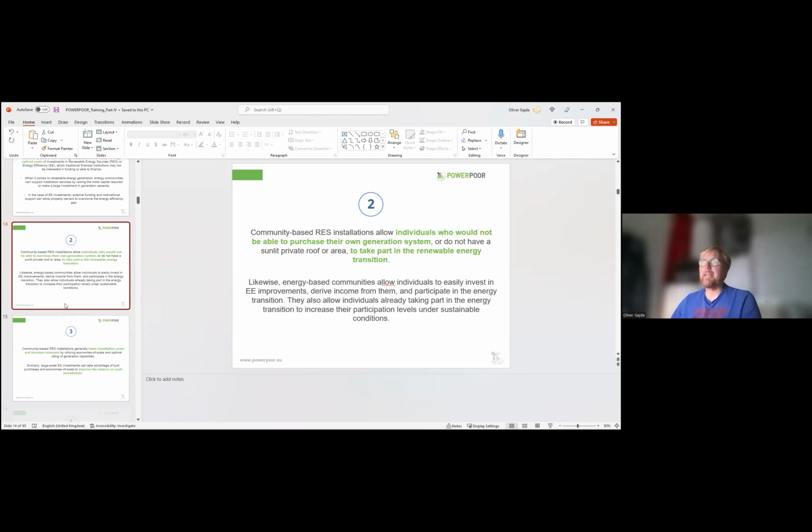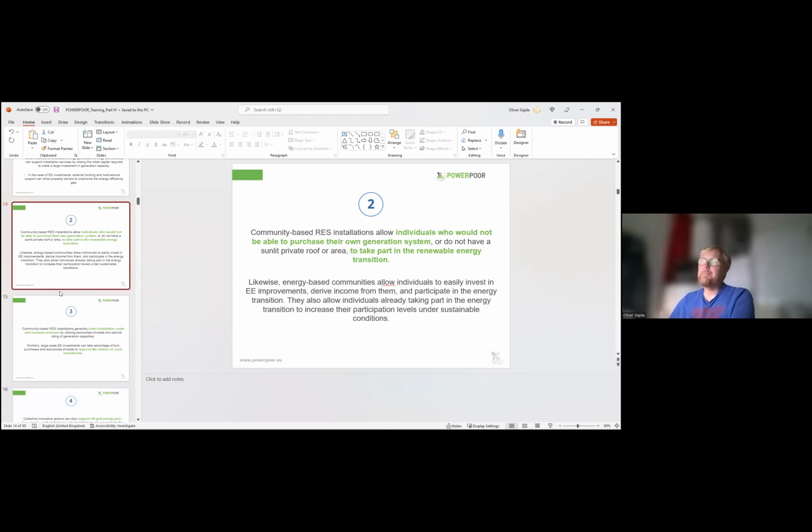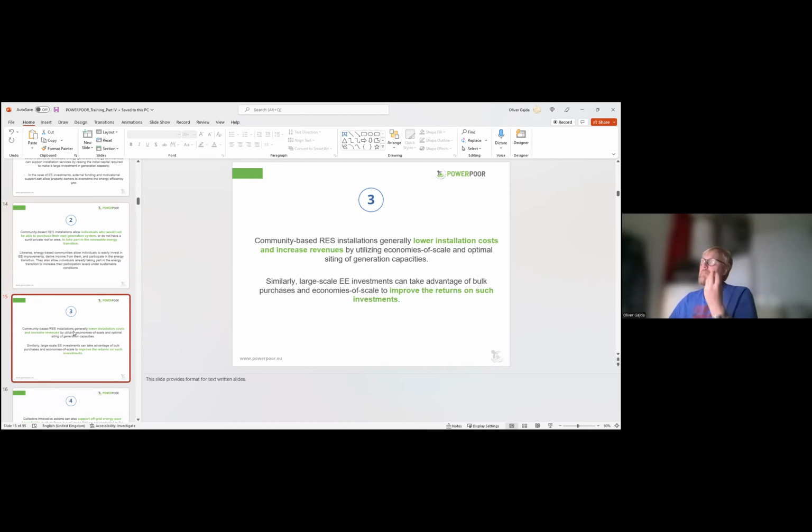So communities here have the possibility to be inclusive of those that otherwise may not be able on their own to address energy efficiency needs, or renewable energy investments, or even energy, in the most basic form, access to it.